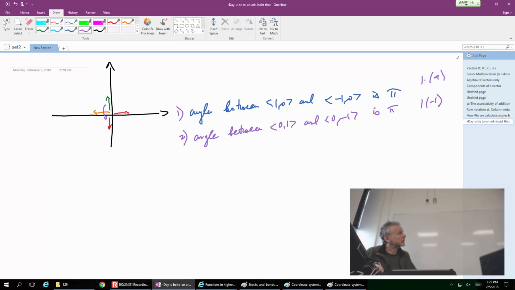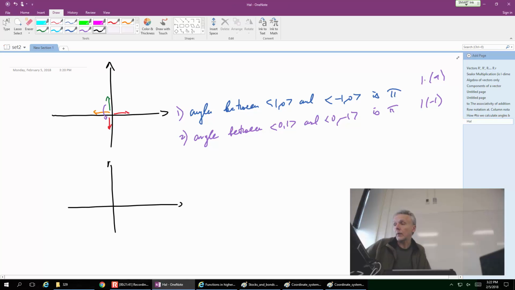And the real question is, what if we have a mixture? By a mixture, I mean what if we rotate through pi over 2. So what I'm talking about is these.